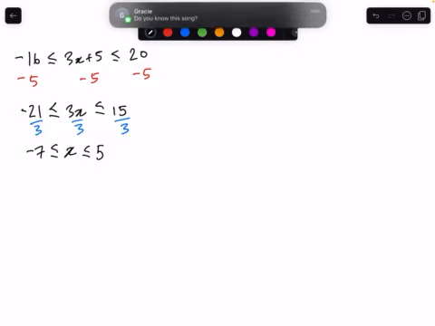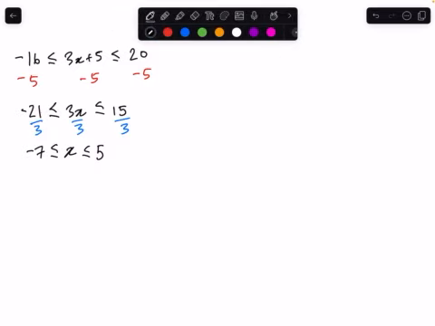And there you have it. We have that -7 is less than or equal to x, which is less than or equal to 5. And yeah, that is inequalities. So remember, we talked about how it's similar to solving an equation. We just do operations to both sides, or all 3 sides, or all 4 sides.